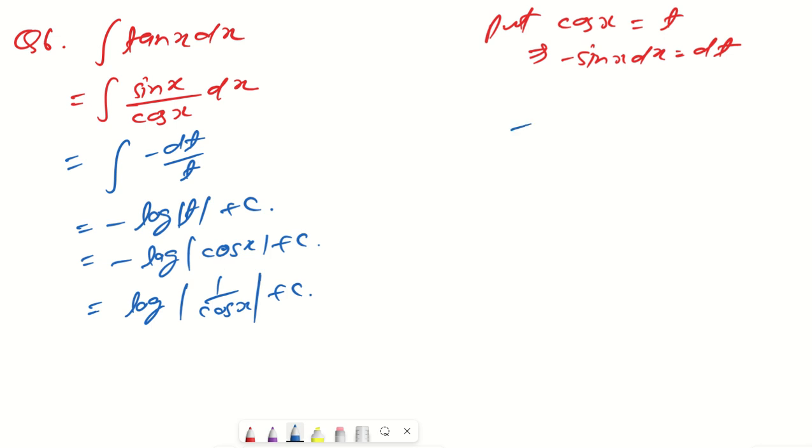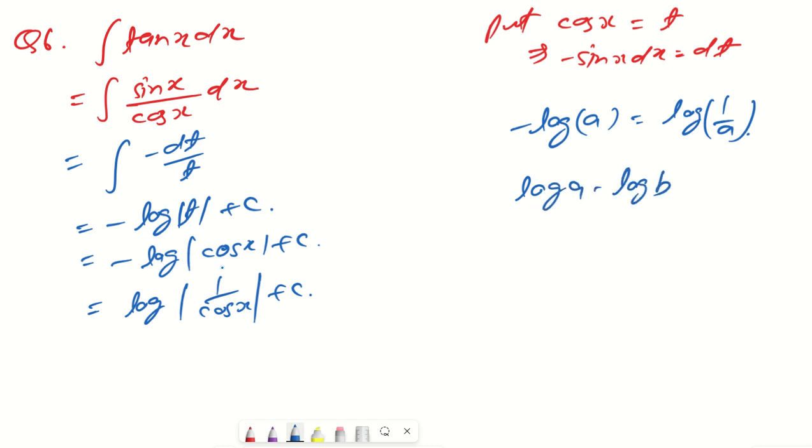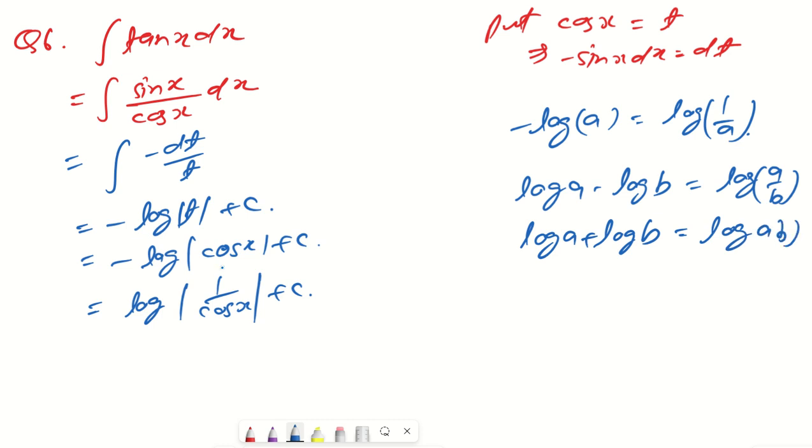You know that minus of log of a is nothing but log of 1 by a, right? And if it is, let's say, log of a minus log of b, that can be written as log of a by b. And if it is log of a plus log of b, that can be written as log of a into b. So these are the formulas for log, right?